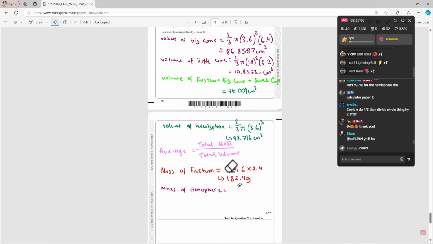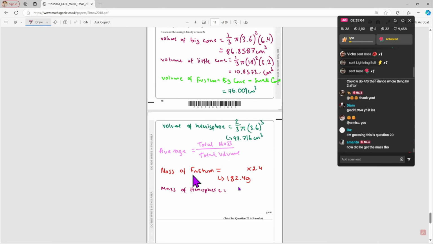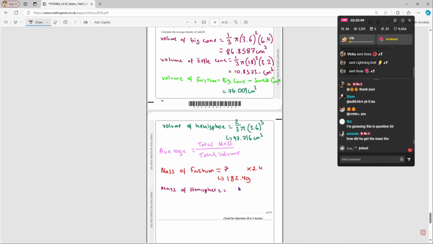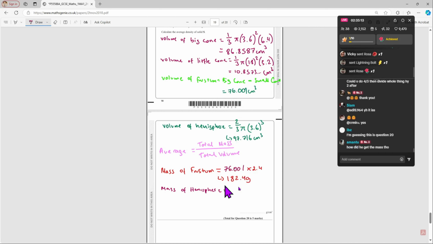Okay, I just realized that I multiplied it by the wrong number. It was supposed to be the mass of the frustum, and the volume of the frustum was 76.001, and then that will be your answer. Then 97.716 times 4.8 will give you 469.0.